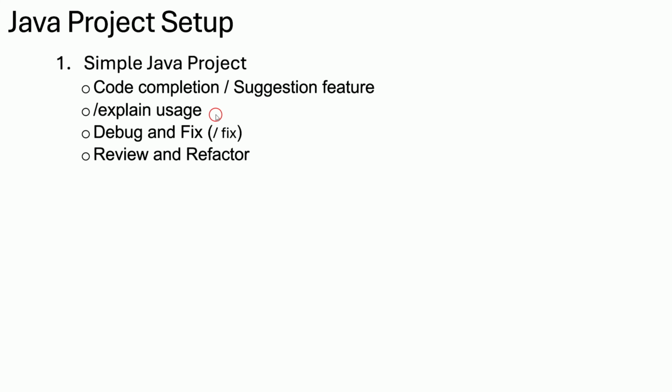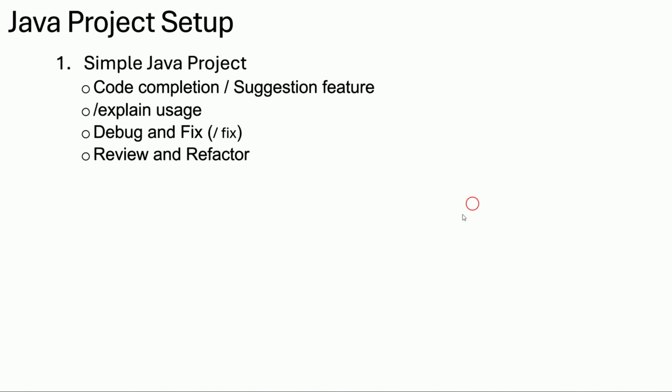The slash explain, slash fix, those kind of things, and also you can interact with your code and you can select a particular line to the end of the function and check up until that particular selection, any bugs or any review or any refactoring, right? You can do any such kind of things or any comments you need to add on top of that code. You can use that GitHub Copilot Chat. So now we will see that in a minute.